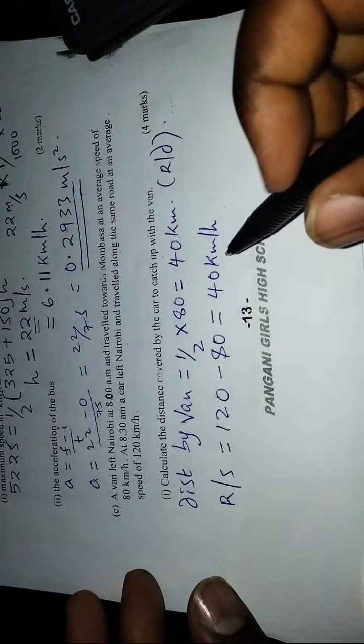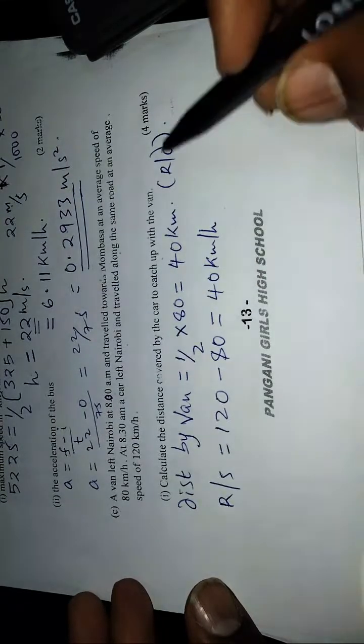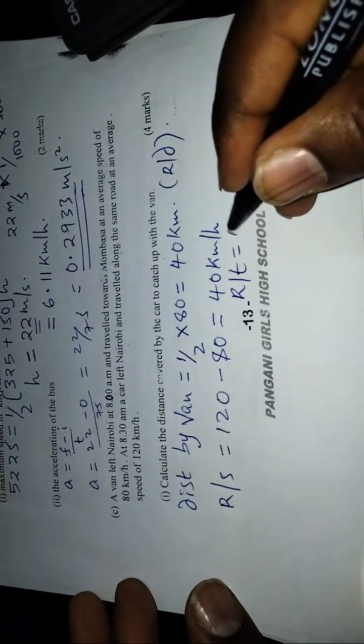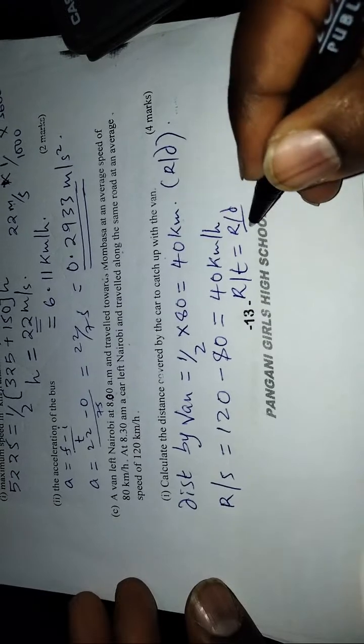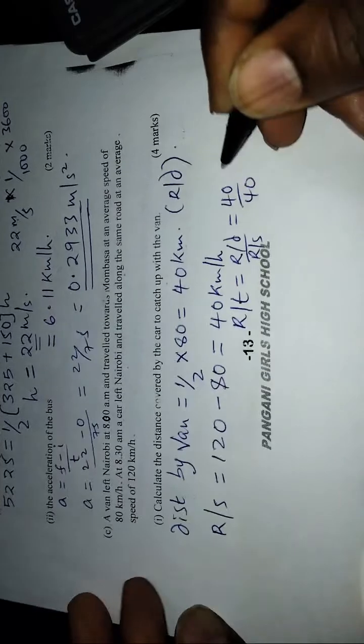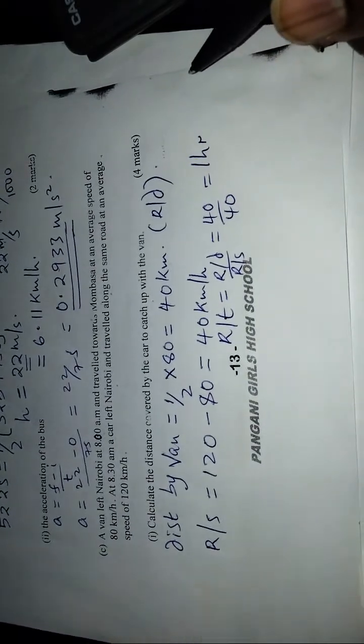Therefore, using the relative speed, we will take relative time to cover the relative distance, which means relative time can be obtained by relative distance out of relative speed. So we need 40 out of 40 to give us exactly 1 hour. Therefore, the car will catch up with the van after exactly 1 hour.